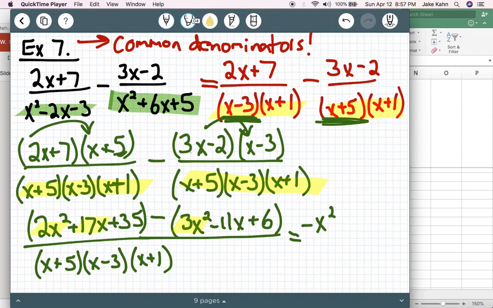Second is 17x minus negative 11x. That's a double negative. I almost missed it, to be honest. 17 plus 11 is 28. We have plus 28x. And then finally, 35 minus 6 is 29.